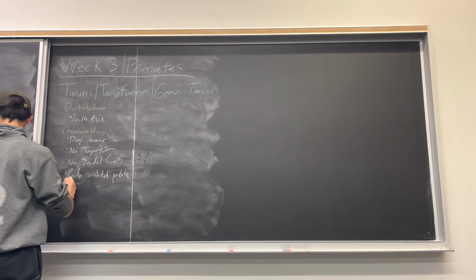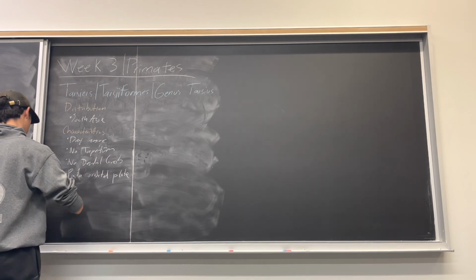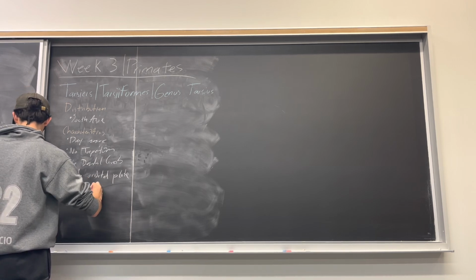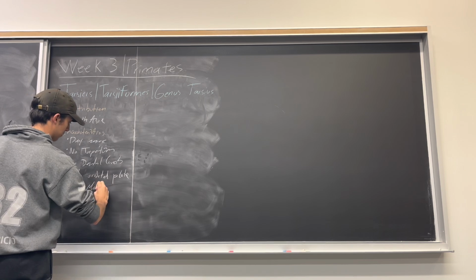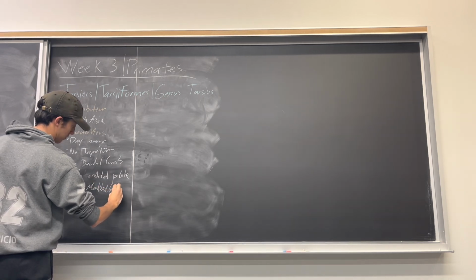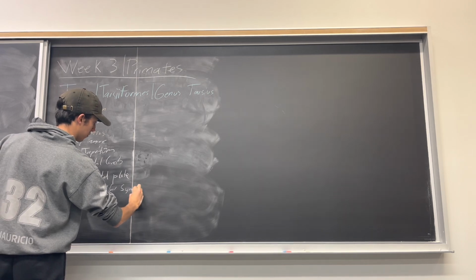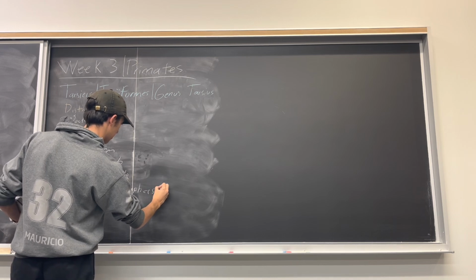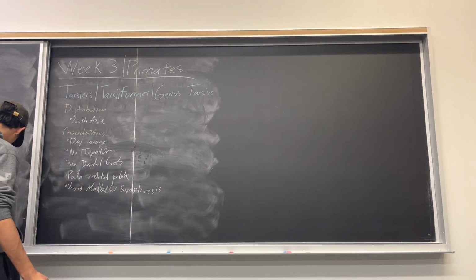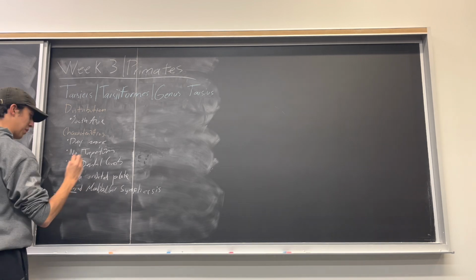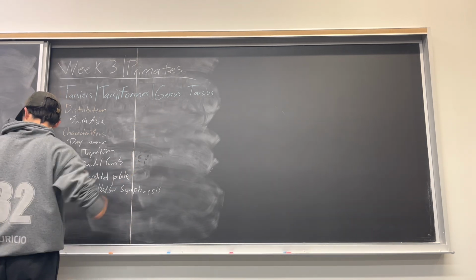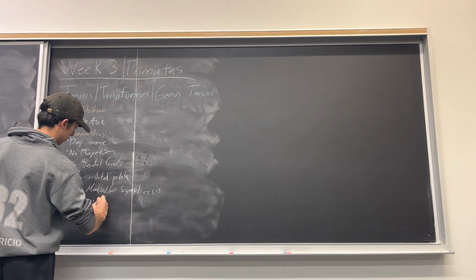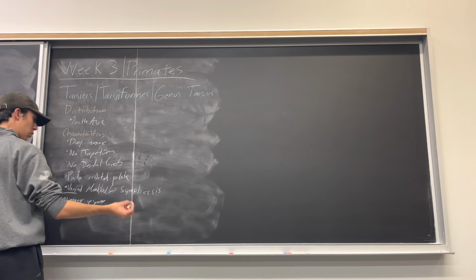And also some unique features, such as an unfused mandibular symphysis, as well as specific characteristics of tarsiers, which are larger eyes in comparison to their body size.